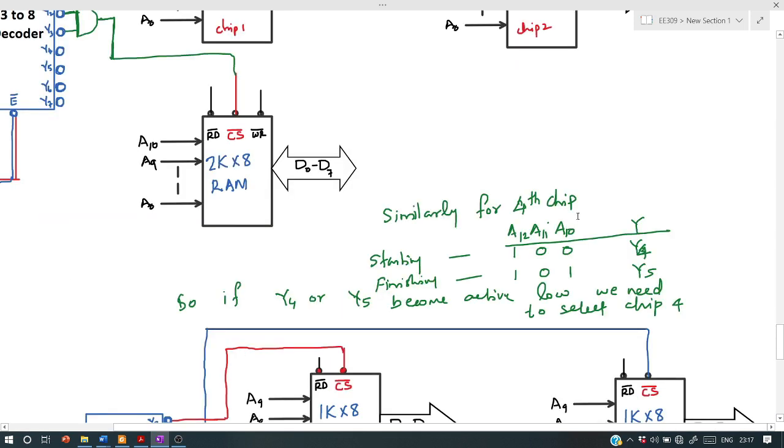Similarly, for the fourth chip, that is the 2K into 8 RAM chip, the address range for A10 to A12 is 100 at the start. 100 stands for 4, and at finishing its value becomes 101, that is 5.